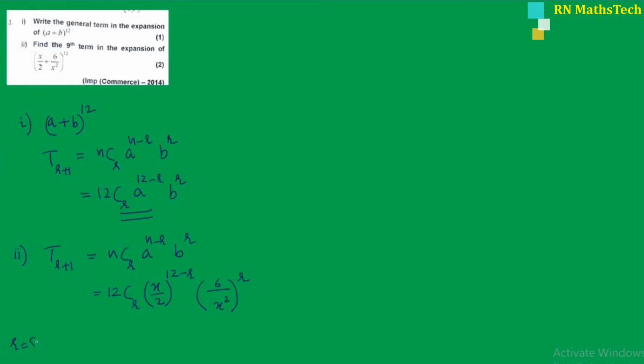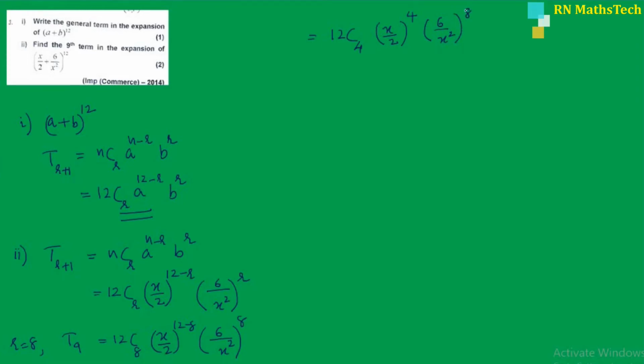When r is equal to 8, T9 is equal to 12C8 (x/2) raised to 12 − 8, (6/x²) raised to 8. That is equal to 12C8, which is 12C4, (x/2) raised to 12 − 8 is 4, into (6/x²) raised to 8.